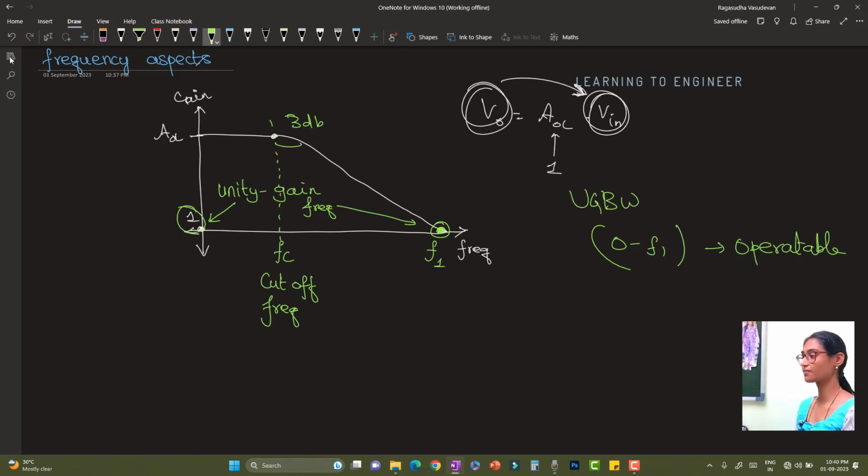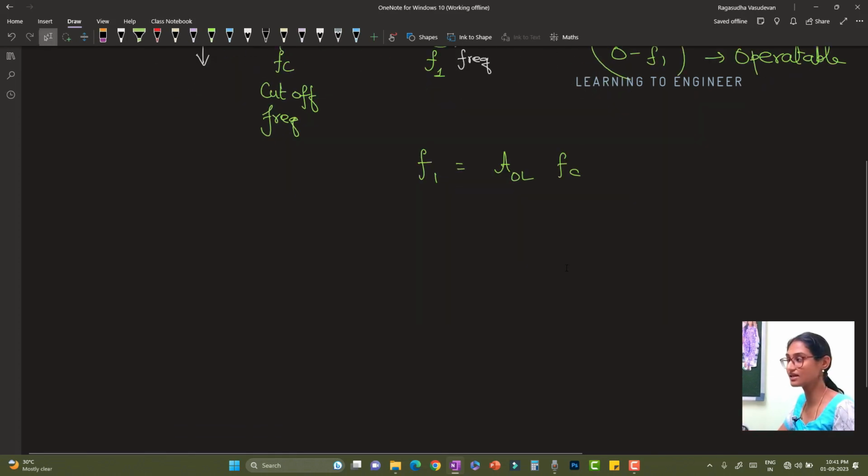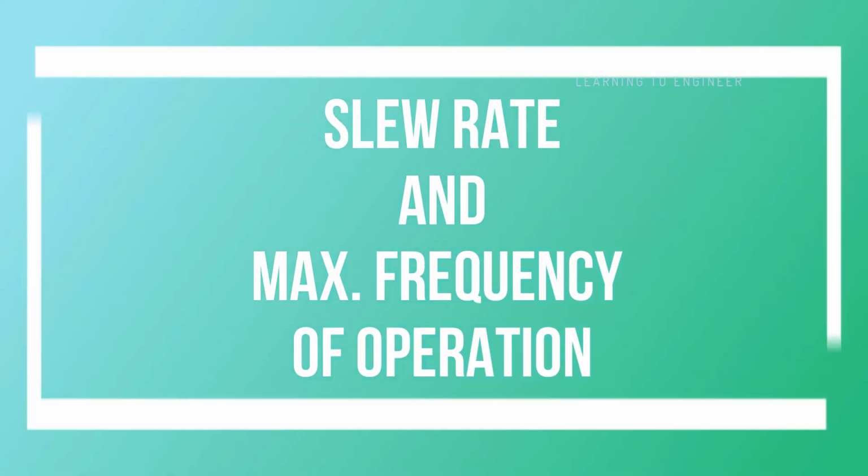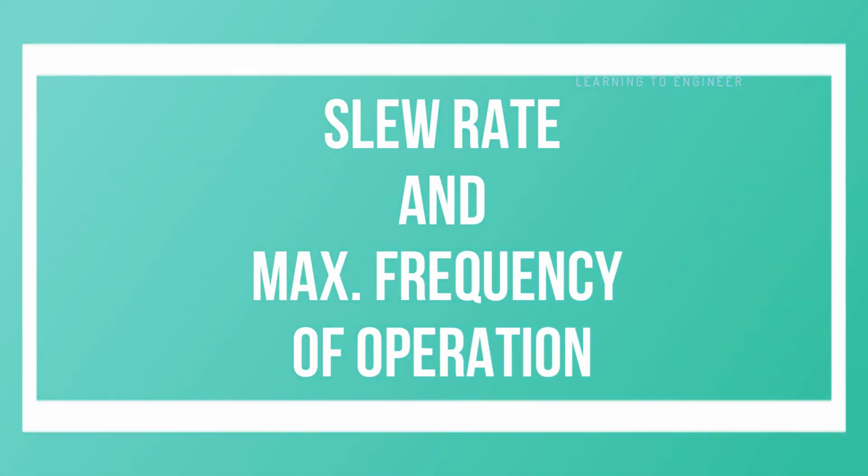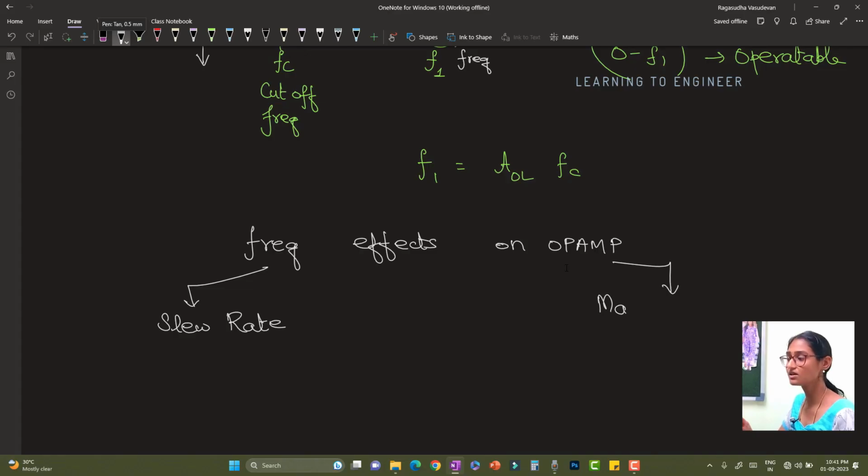The unity gain bandwidth will be the constant open loop gain of the op-amp times the cutoff frequency. When we are measuring the frequency aspects, we talk in terms of slew rate and the maximum frequency of operation, because over a wide range of frequencies the operational amplifier gain is not 1, because the range is very high.